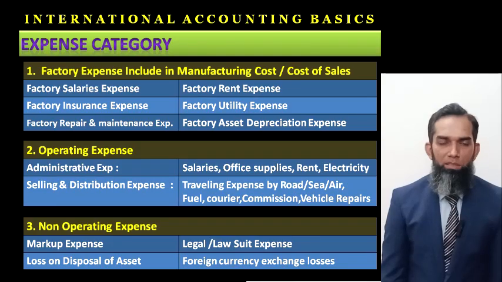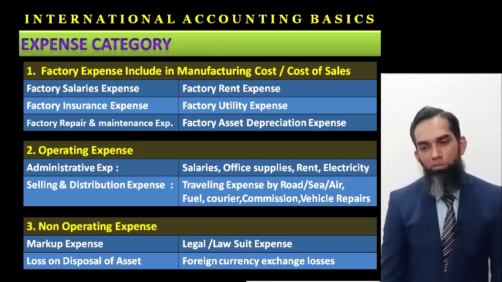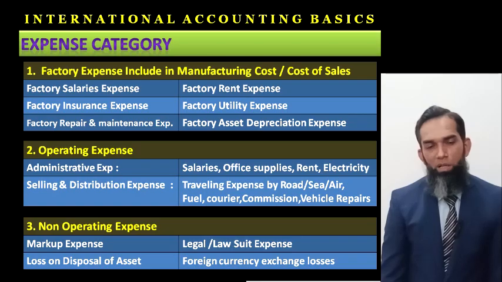Factory based expenses go into the manufacturing cost, and that manufacturing cost ultimately goes into the cost of sale of the company. So these factory expenses and cost of sales are deducted from the sales revenue to arrive at the gross profit. In simple words, all the factory expenses are recorded in the manufacturing expense.